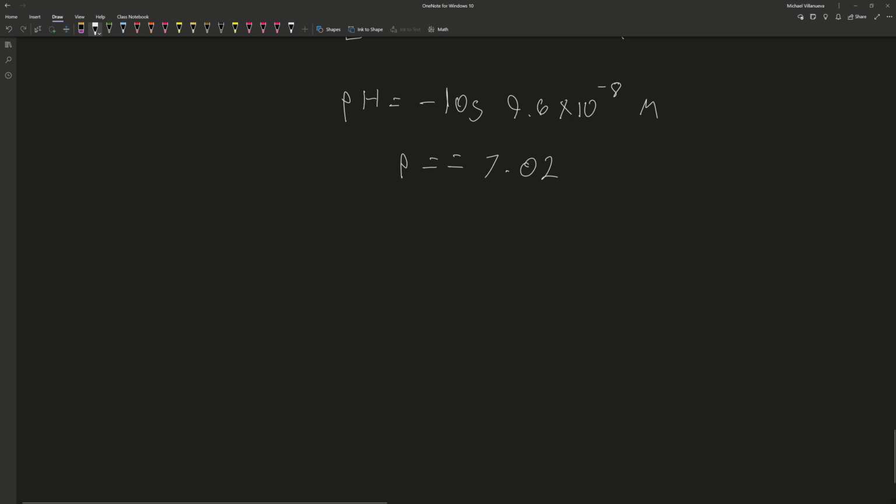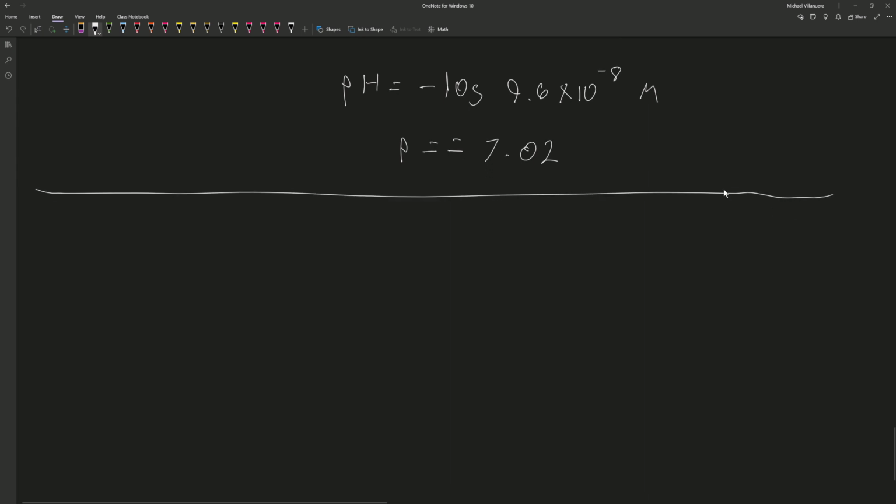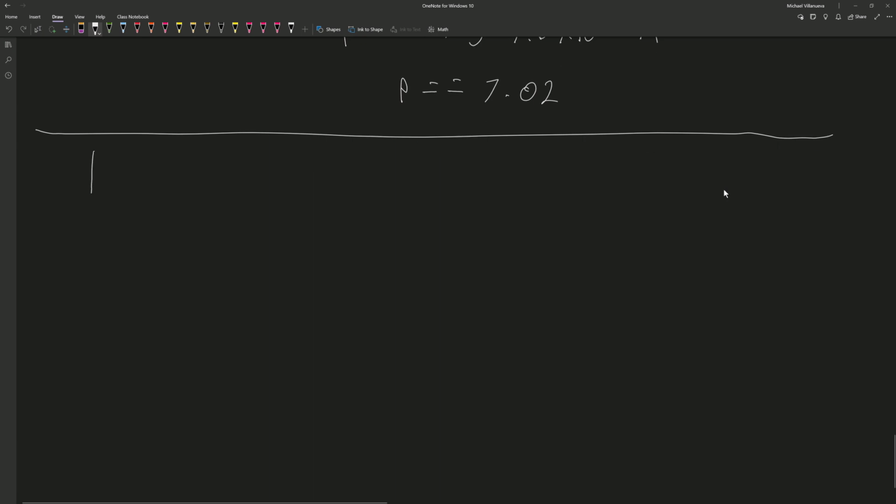So, what is the rule here? What is the takeaway from all of this? So, acid base: if the concentration is between 10 to the negative 6 and 10 to the negative 8th, we will use the systematic treatment.